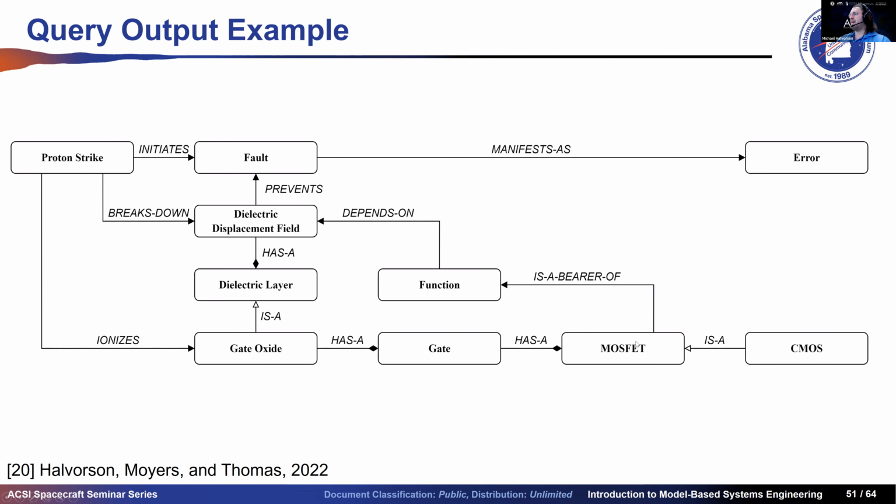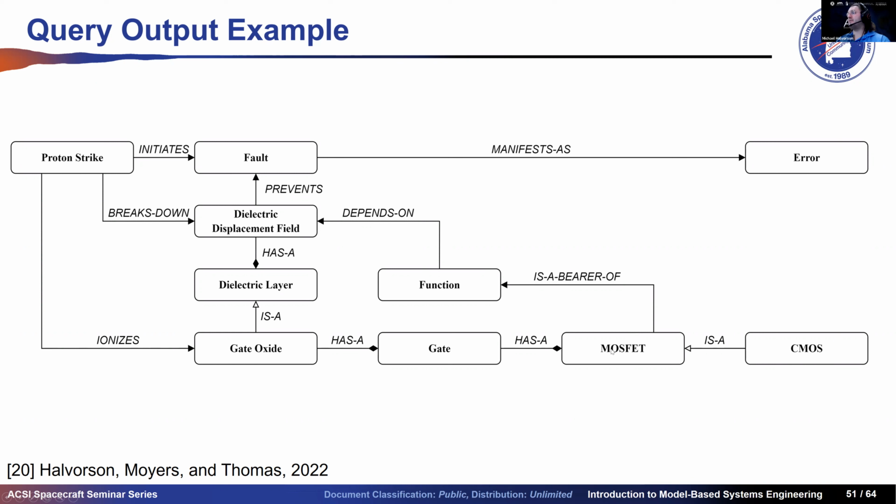What we can do is say that this transistor is related to a software function. Okay, I have some software function, say to turn on a heater in the spacecraft, okay? So this MOSFET, this transistor, is a bearer of this function, okay? Now I know that this function is only going to happen if this MOSFET is functional, if it is still working.